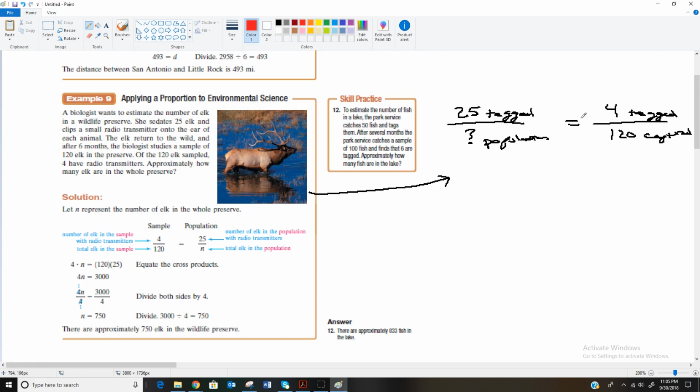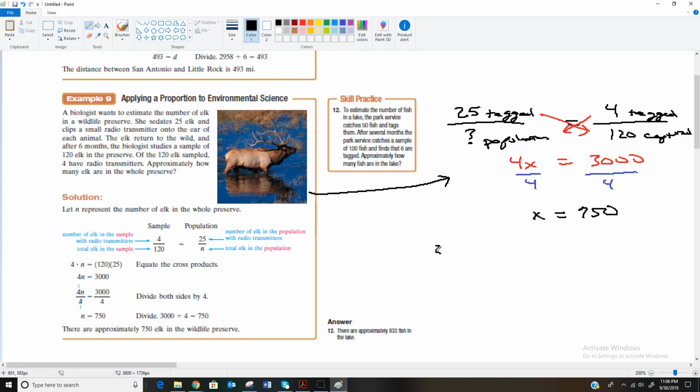So that's how that's set up, and then we cross multiply. This is like our x, so 4x equals 25 times 120, which is 3,000. And then we're just going to divide by 4, and we'll know what our x is, and our x is 3,000 divided by 4, which is 750.